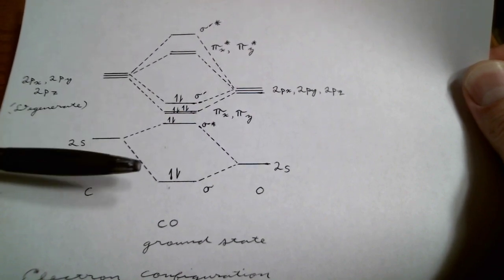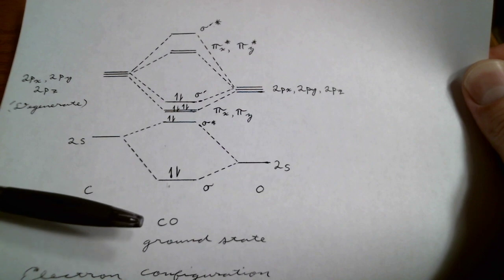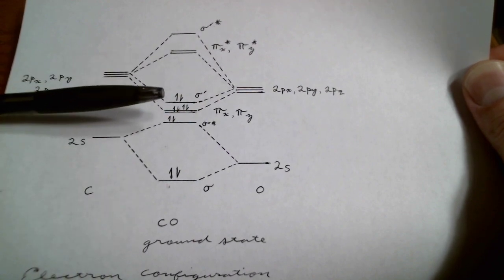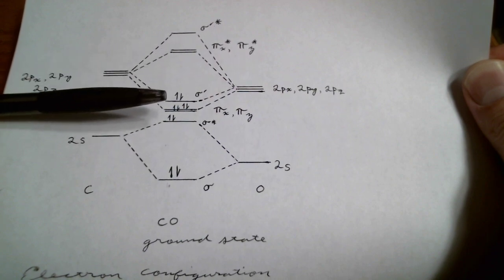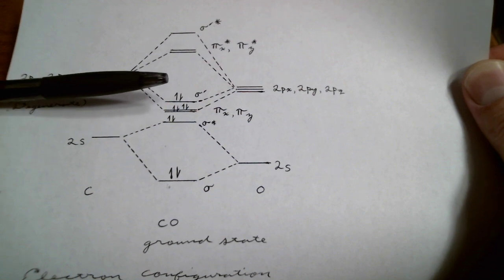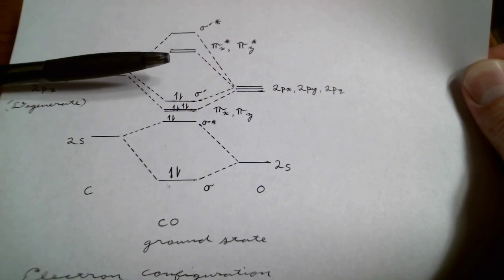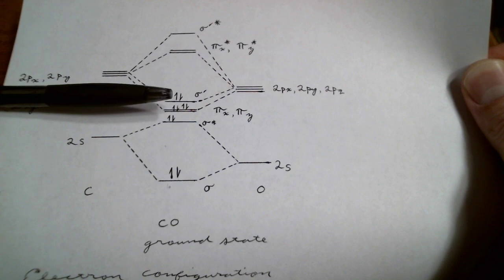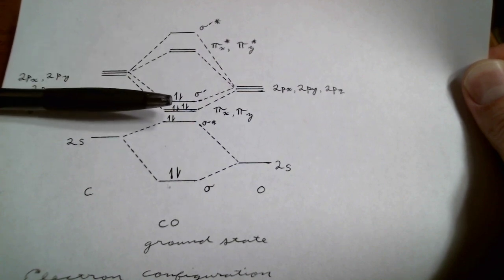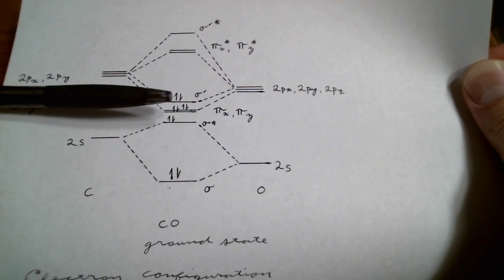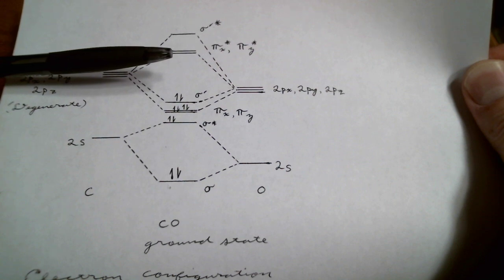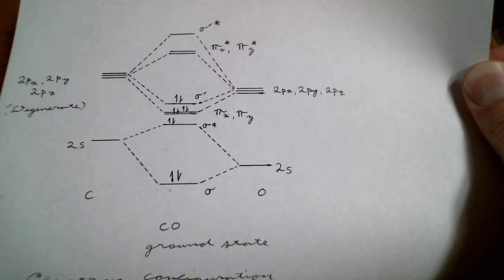And what's interesting is when light hits the carbon monoxide molecule, if a photon happens to be of the perfect energy gap in terms of its wavelength or frequency, whichever way you want to look at it, it can be absorbed by one of the electrons, and then the electron will make a transition between this sigma prime bonding molecular orbital and the pi x pi y star antibonding molecular orbitals.